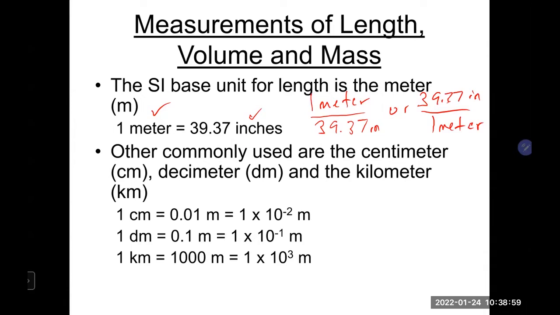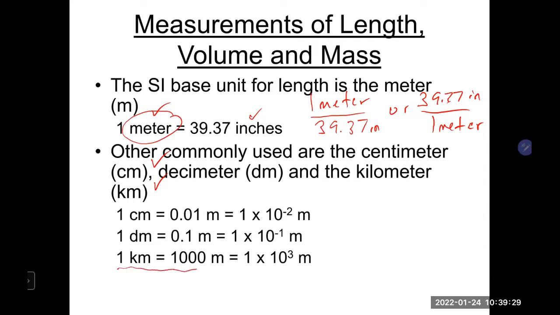In terms of length, very common is the meter for sure, centimeter, and really kilometer we come across a lot. Decimeter, not all that much. But those three length measurements are very common in chemistry. Here are some relationships. 1 centimeter is basically 0.01 meters. 1 kilometer is 1,000 meters.